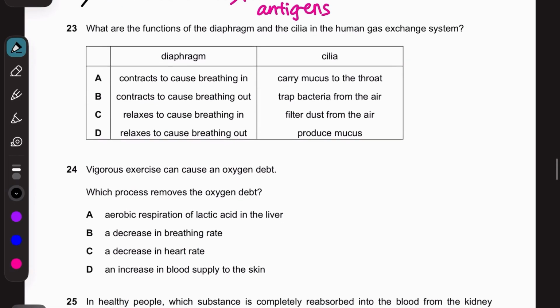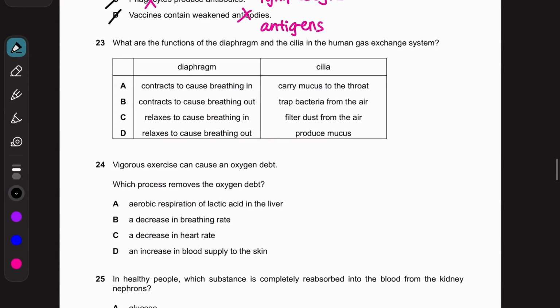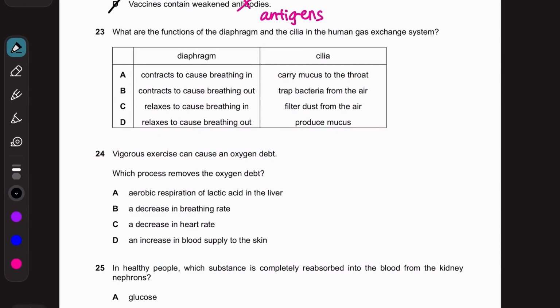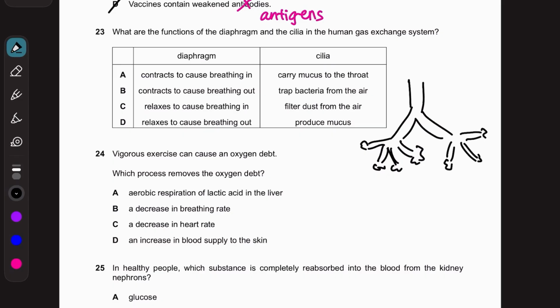Okay, moving on. 23. What are the functions of the diaphragm and the cilia in the human gas exchange system? Okay, let's do this very quickly. We have the lungs here, and then we have all the branches, and then you have the alveoli at the very end, right? So that is just a very simplified version. Then you have the one lung, the other lung, and then you have the diaphragm.